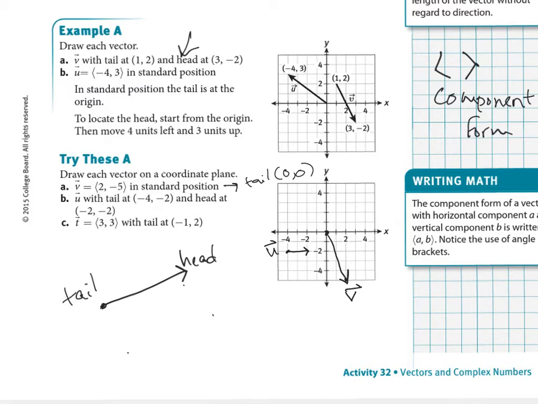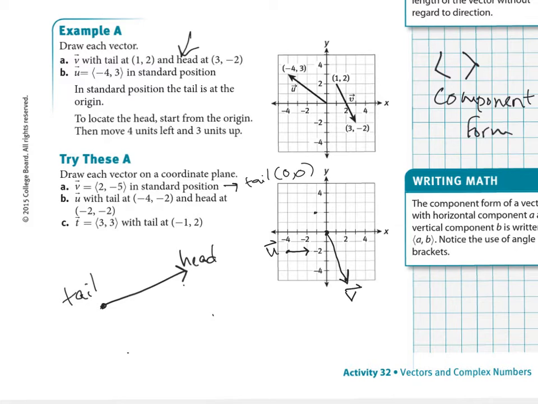Now, for part C, we have a combination. So this is the difference between the point and the coordinate and the component form. So the component form is like how you would count. Obviously, positive numbers are to the right or up, depending if they're X or Y. Negative numbers are to the left or down, depending, again, X or Y. So the tail is at negative 1, 2. This is basically where we're going to start. So negative 1, 2.